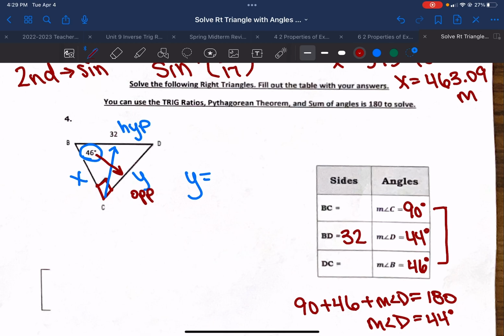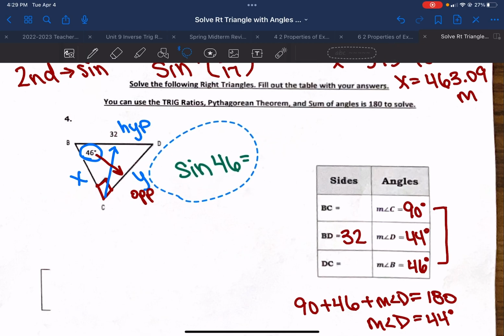So I'm looking at opposite and hypotenuse. That is going to be my sine ratio. So the sine of 46 degrees is equal to my opposite side, y, over my hypotenuse, which is 32.